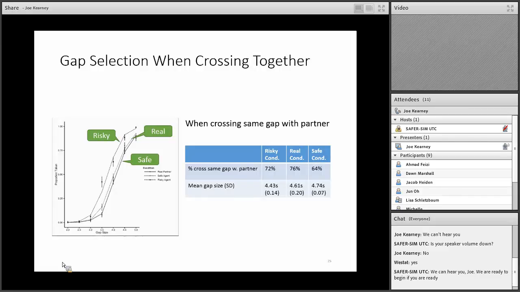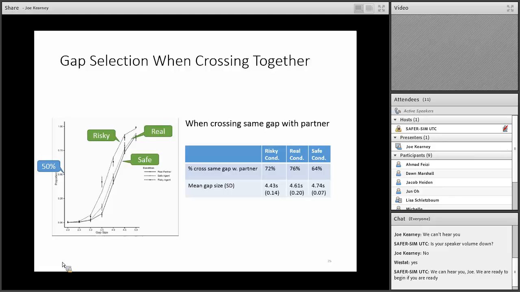I'm sorry, I said that backwards. They took larger gaps when they were paired with a safe agent, but only marginally significantly different from the real. In the risky condition, they took smaller gaps than either the real and the safe conditions, and significantly so.